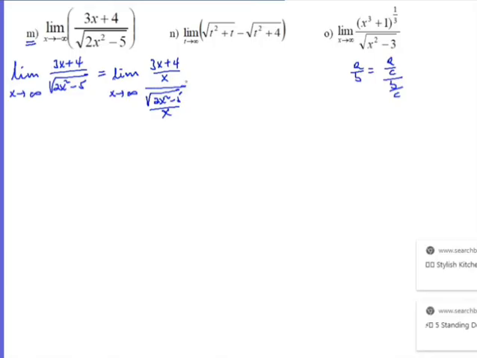So this means the limit of 3 plus 4 over x, over, you can insert this x into the radical as x squared. So it becomes 2x squared minus 5 over x squared as x approaches infinity.